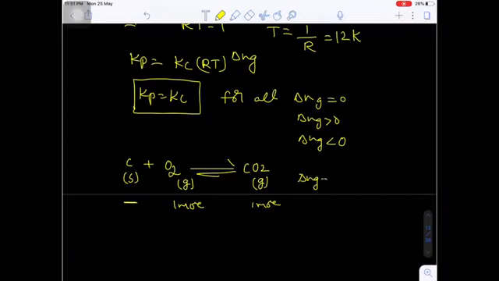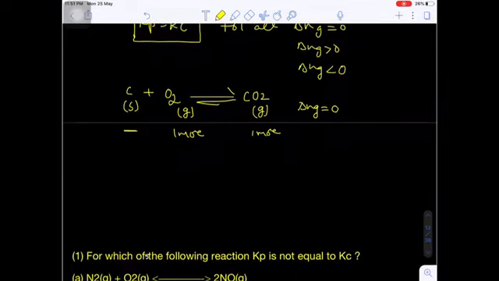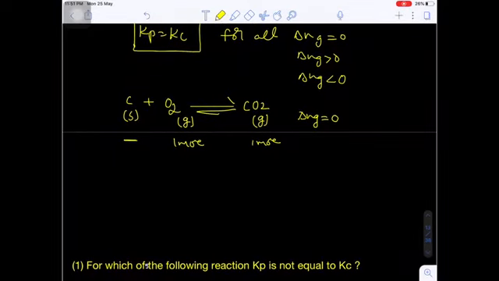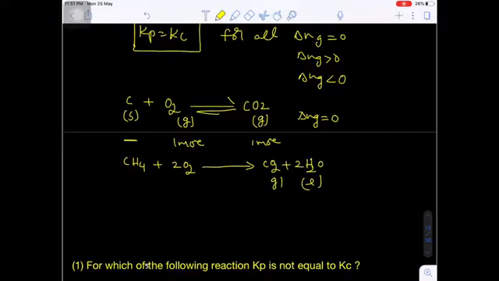So in this case delta Ng value is 0, 1 minus 1. Let's suppose we have combustion of methane to give CO2 and H2O. H2O is a liquid; CO2, O2 and methane are gases.